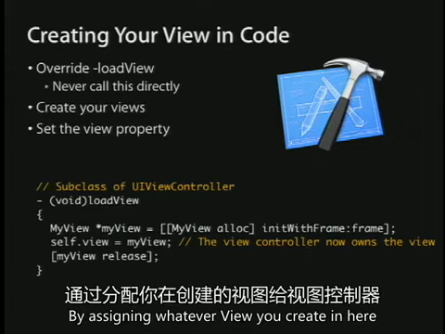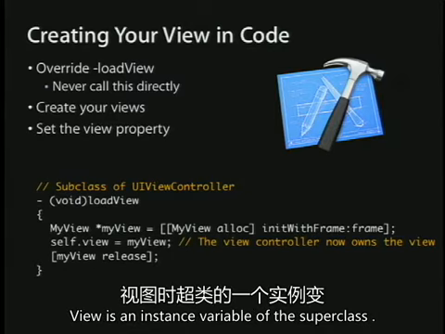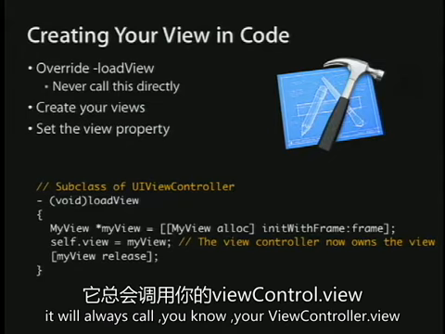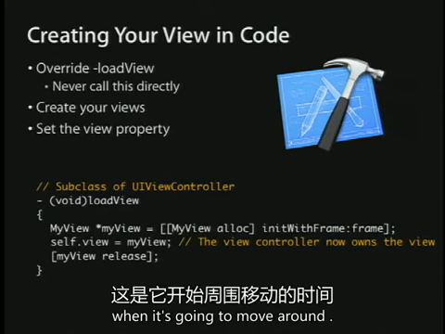By assigning whatever view you create in here as your view controller's view, now your view controller has a view. That view is an instance variable of the superclass. Whenever the application wants to display that view controller, it will always call your viewController.view, which may or may not cause it to load, and that's what it's going to move around.